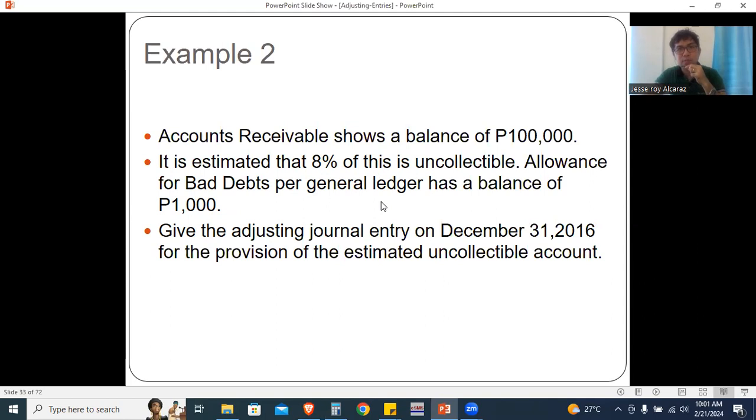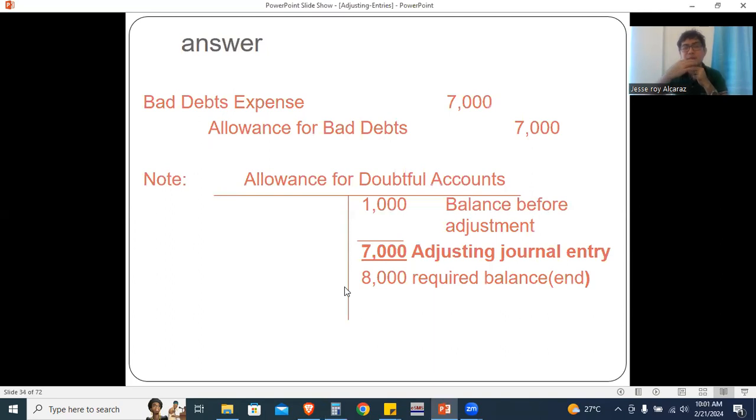So the computation will be a little bit different because we have an existing balance sa ato ang allowance. So, say nag-boy sa the entry to record the adjustment is debit bad debts expense, 7,000 pesos. Credit allowance for bad debt, 7,000 pesos. Sir, nganong 7,000 man and dili man 8,000?